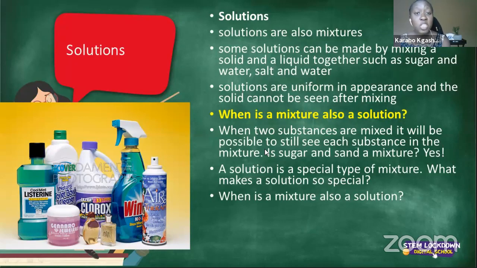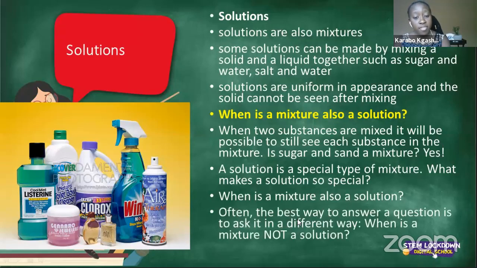It makes it special because you cannot see what has been mixed inside of it. All right. And Kira also goes on to say the solid is not visible. That is 100% correct. And obviously, a mixture is also a solution when different particles have been mixed inside.